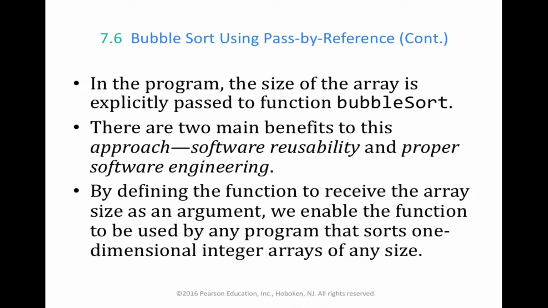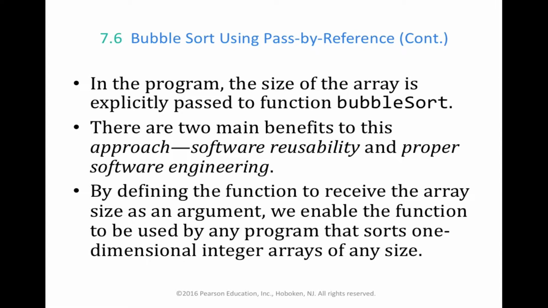In the program, the size of the array is explicitly passed to bubble sort. There are two main benefits to this approach: reusability and proper engineering of functions. By defining the function to receive the array as an argument, we enable the function to be used by any program that sorts a one-dimensional array of any size. So this is called dependency inversion.